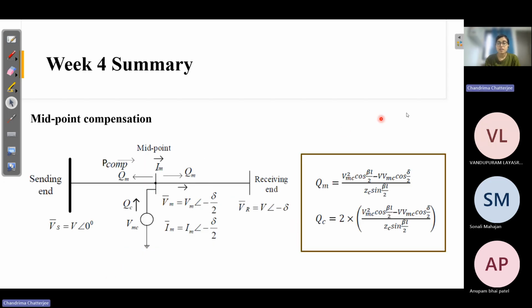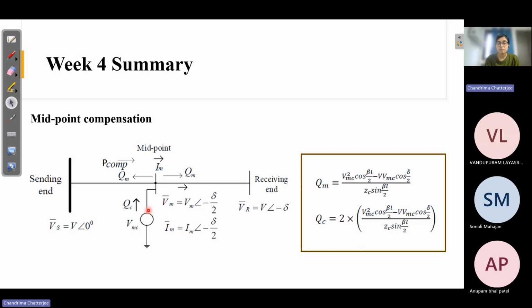Now we can find out what will be the active power and reactive power at this point. So reactive power was 0 when there was no compensation. So for the uncompensated line, the active power and reactive power we have already derived. But when you have compensation, there is a midpoint compensation.